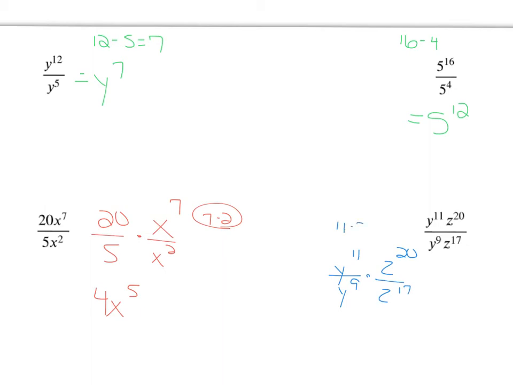So I'm going to subtract 11 and 9 because the powers have the same base. So that would be y squared. And then I'm going to subtract 20 minus 17 because those have the same base, and I'm going to get z cubed. Okay, so when you're dividing powers with the same base, you subtract the exponents and you keep the base.